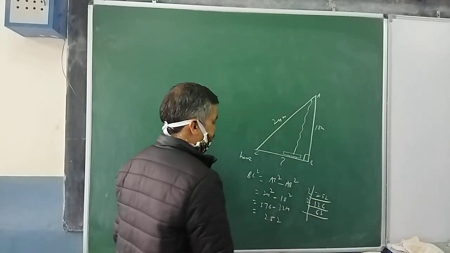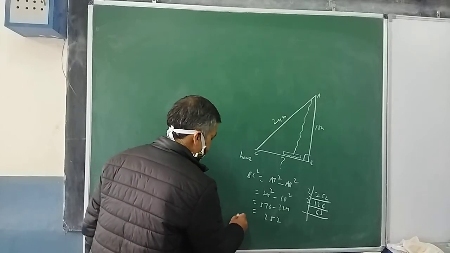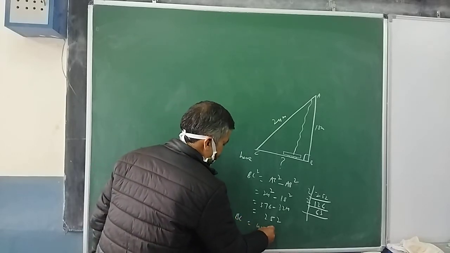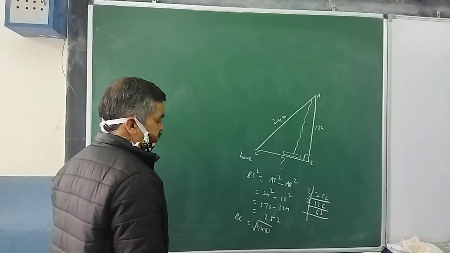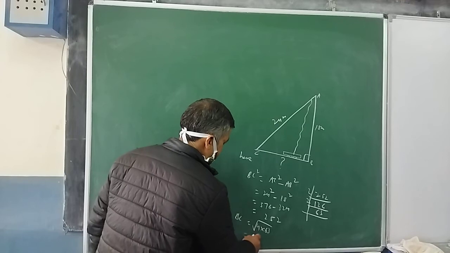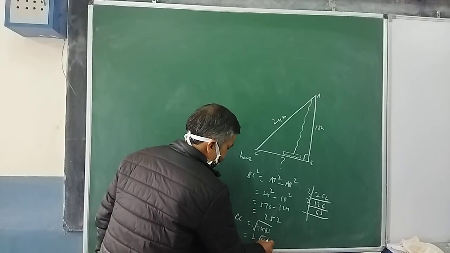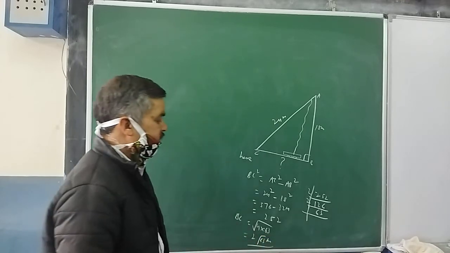So here it comes 4 into 63. So BC is equal to root of 4 into 63. 63 is not a perfect square. So here 2 root 63 meter, you can write the answer there.